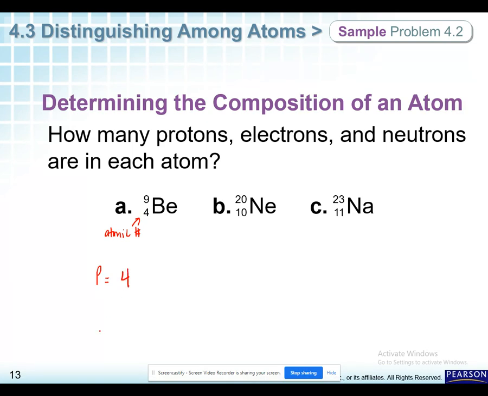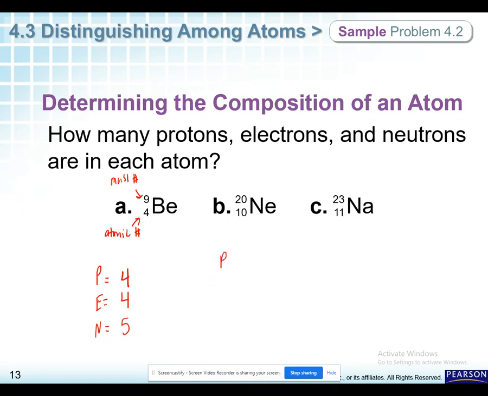So there must be 4 protons. If the atom is electrically neutral, that means that protons and electrons must be equal, so this must also be 4. And then to find the number of neutrons, remember we take our mass number minus our atomic number. So this is going to be our mass number. If we take 9 minus 4, we get 5 neutrons.